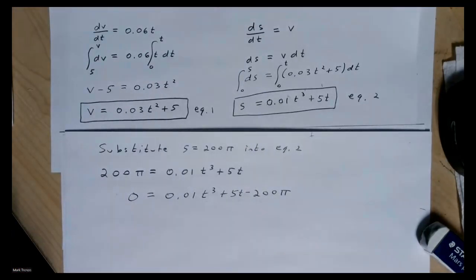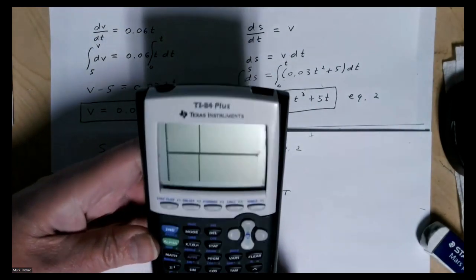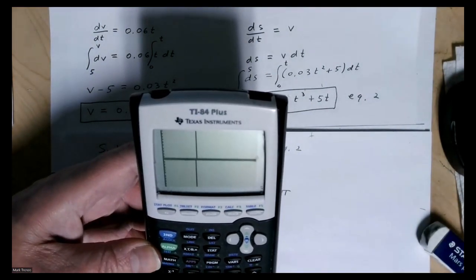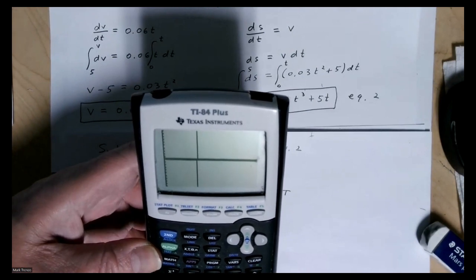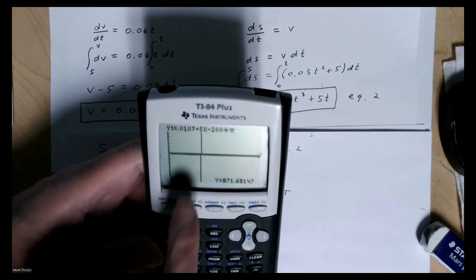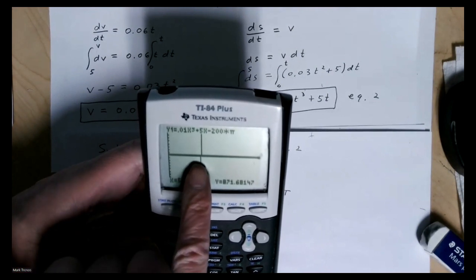So I'll graph this, and it looks like it's almost a vertical line. So we'll have to zoom in a little bit. I'll put on the trace and find about where that X value is.